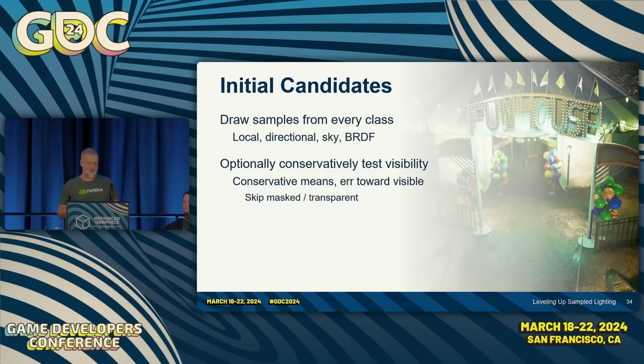And we want to do some of this because it helps us converge faster, but we want to minimize it because we don't want to shoot too many rays here. And importantly, conservative means that we're going to err towards visible because we can skip the masked surfaces in this initial visibility test. For any final testing, we'll have to take that into account, but we can possibly skip trees when we're shooting these initial rays.